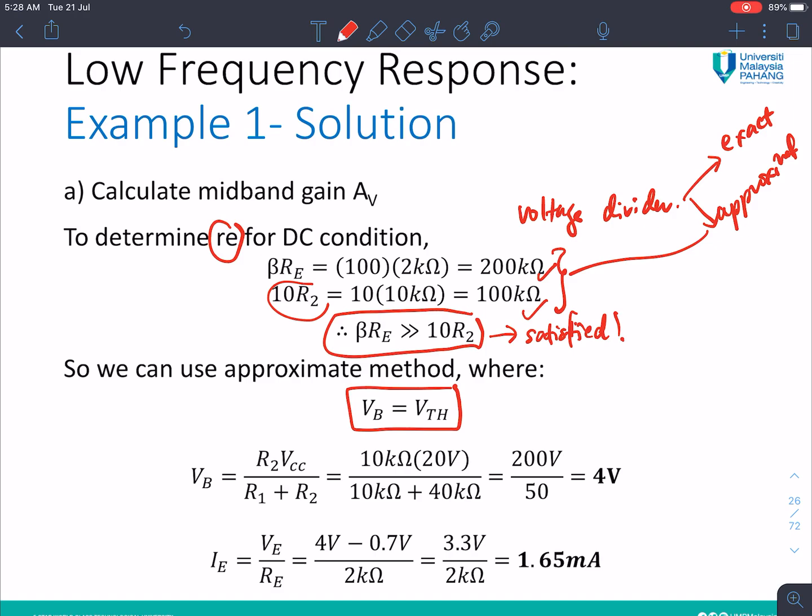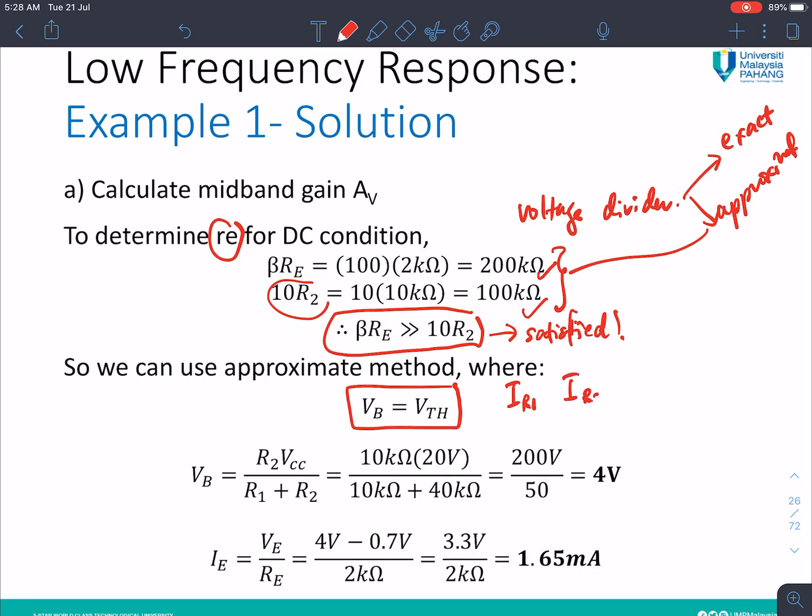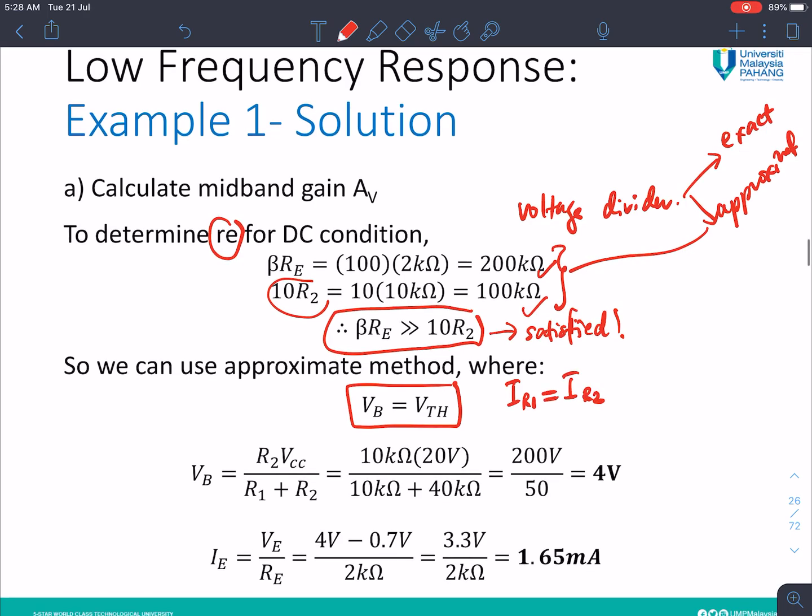It means that at this time we can ignore the I that flows at R1 and the I that flows at R2. We can say it is the same. So the IB we can say is almost 0. That's why we can use this equation directly to get the VB.